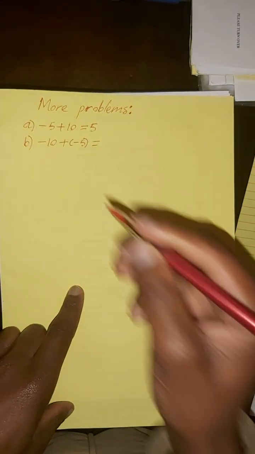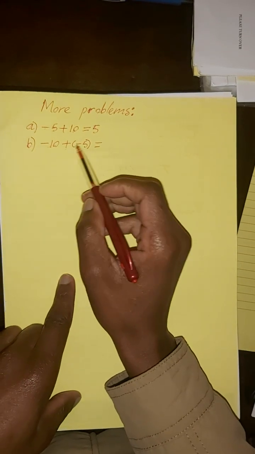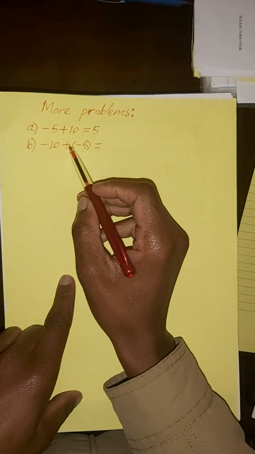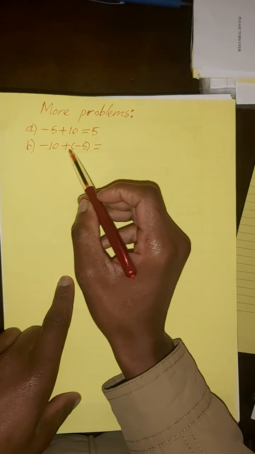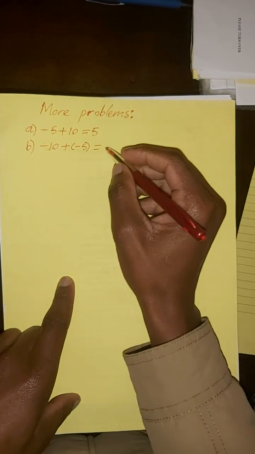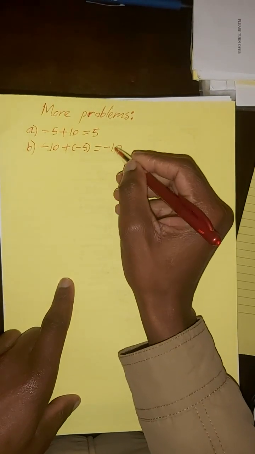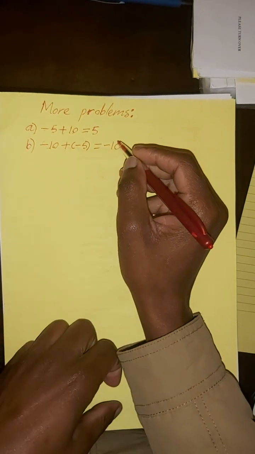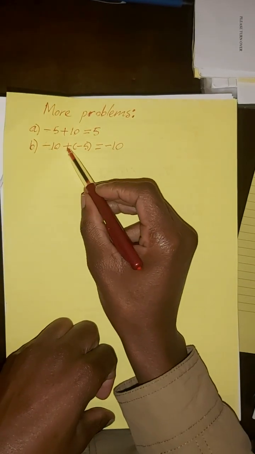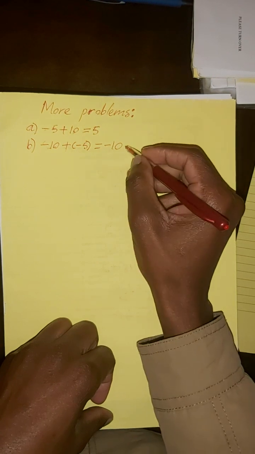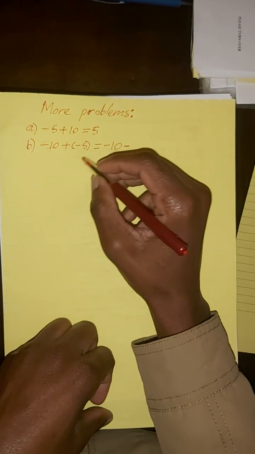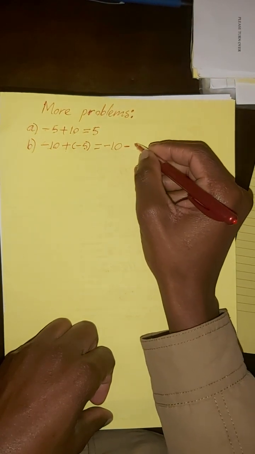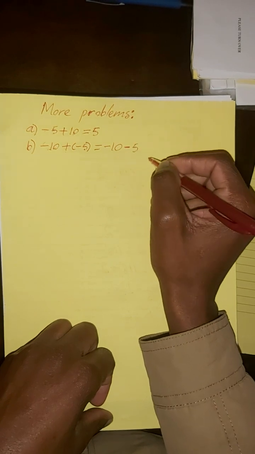Okay, here guys, you can see we have negative 10 plus, in brackets, negative 5. So likewise, the first thing is to get rid of the bracket. So the negative 10 for now will remain as it is because it's not affected by any bracket. And then we'll have a positive multiplied by a negative 5. And we know that positive times negative gives us a negative. So our answer is going to be negative 5.